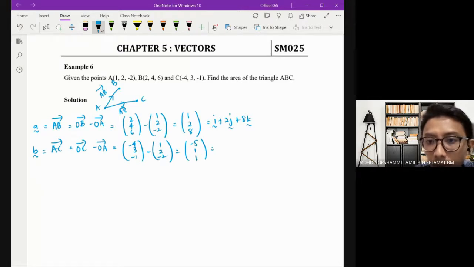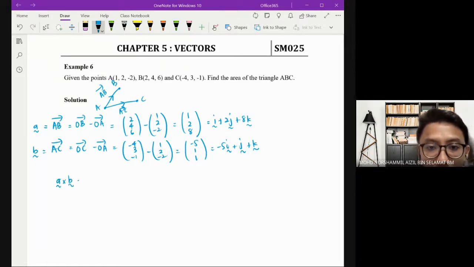So vector B is minus 5i plus j plus k. So we now have two vectors to get the area of the triangle. As I said, to get the area we need A cross B. We will calculate A cross B many times tonight, so it should be okay.